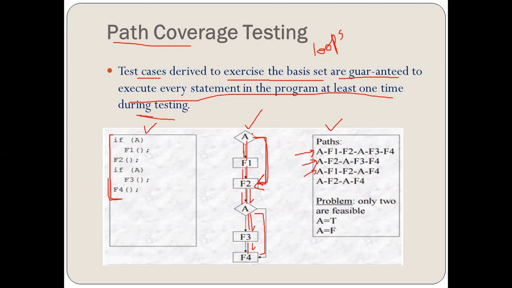Which one is this? A to F2, F2 to A, and A to F4. Now you see, in this we have 4 independent paths. So I have to make sure path coverage ensures that all independent paths are covered in our test cases, right? We are not only considering this because there are 2 conditions.